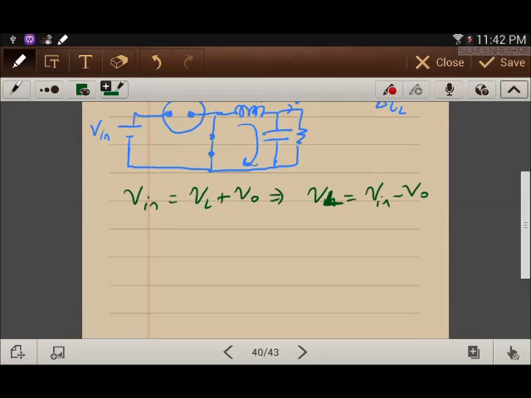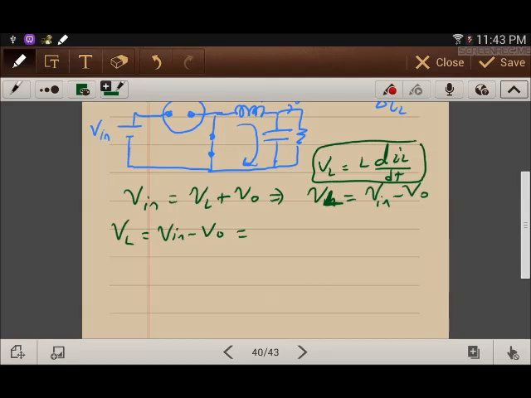So now VL is equal to V input minus V output, and we know that VL is also equal to L dIL over dt. So I will substitute these two equations and make them equal to each other. So it's L dIL over dt.